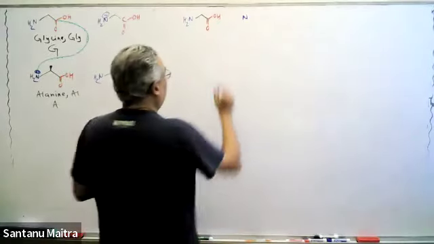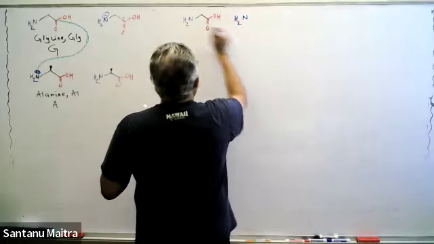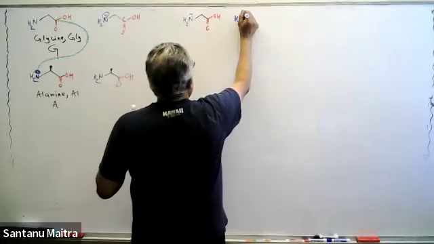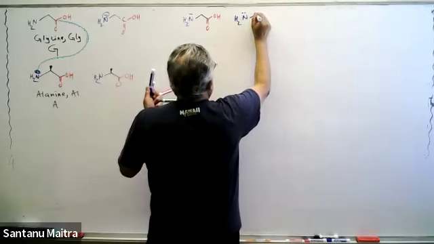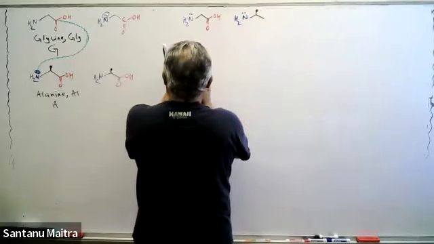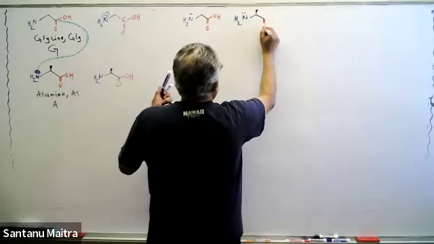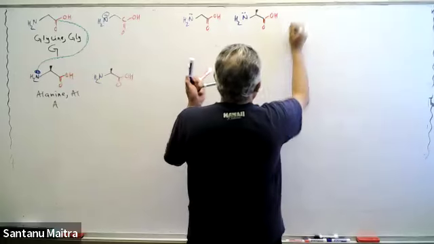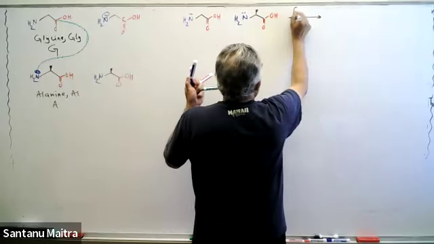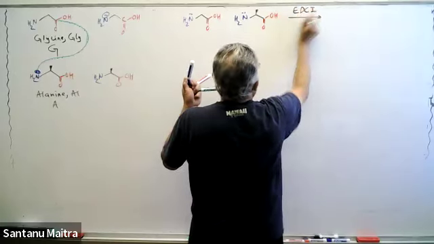More than dipeptides. It's going to be a beautiful mess. If you take this guy and this guy with the carboxylic acid, and if you cook them with EDC, oh, it'll be so much fun.